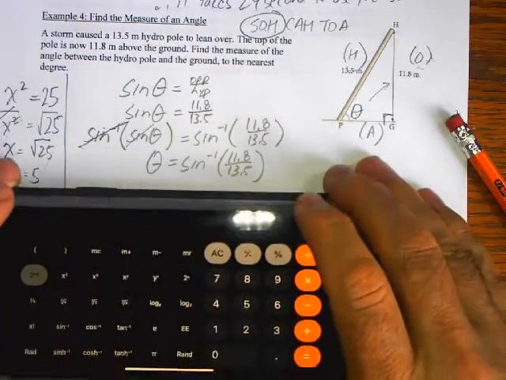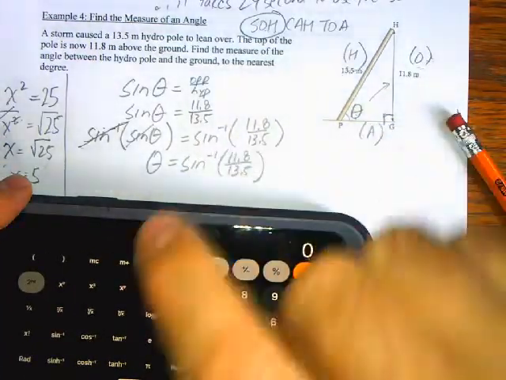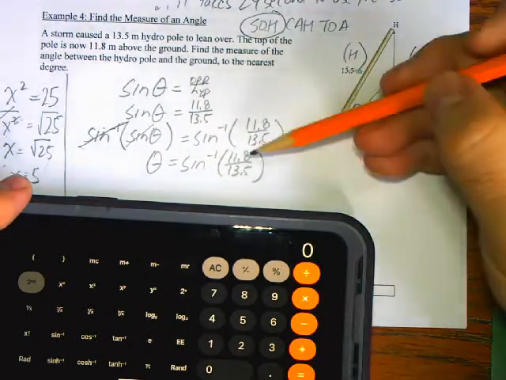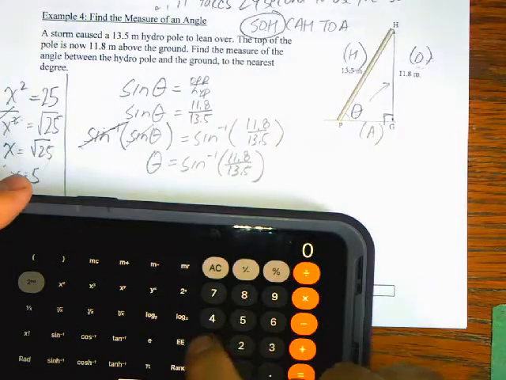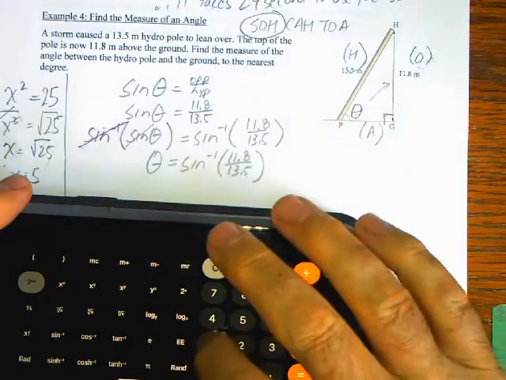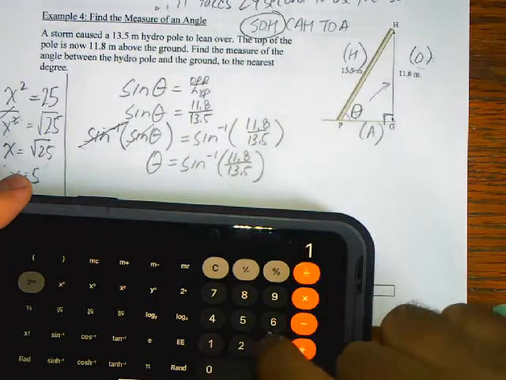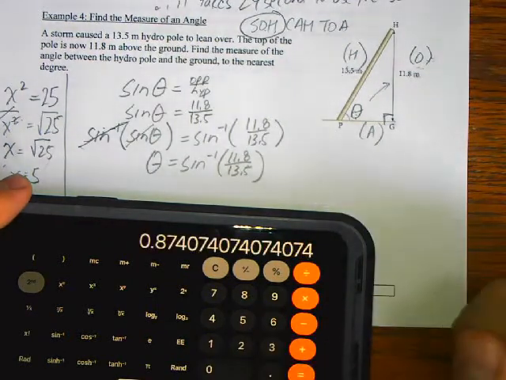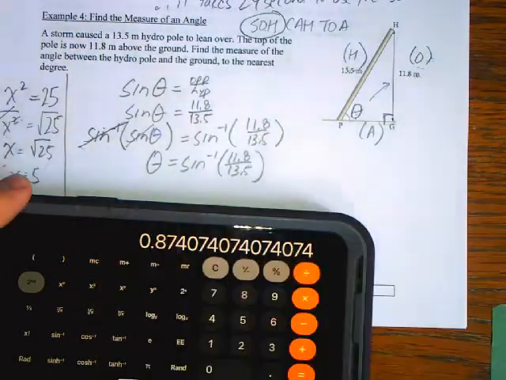So the first thing we have to do is do this division. Now I wouldn't do this separately in two lines, I do it in one step. So this is what you do. You start off 11.8 divided by 13.5 equals, okay, and you get that decimal. Now you do the sine inverse. So I've still got it on the second function.